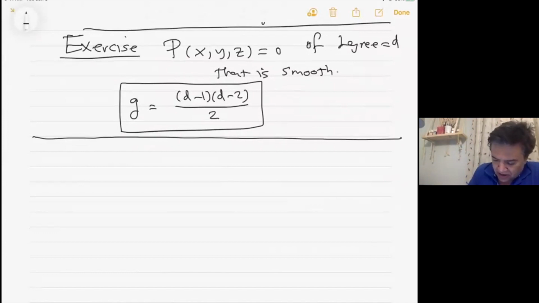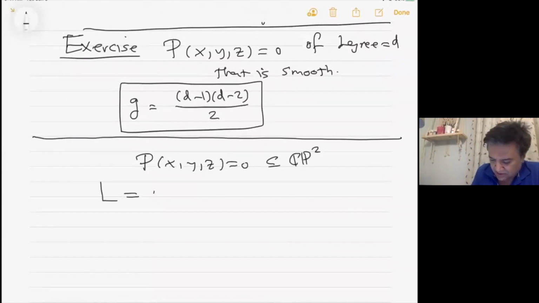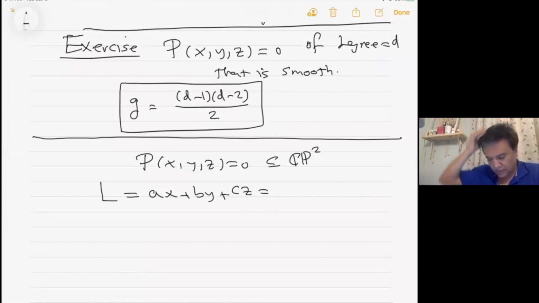So I take this P of x, y, z equals 0 inside CP2, and I take, say, L equals ax plus by plus cz equals 0, and intersect this line with this curve, and with this I construct a divisor.